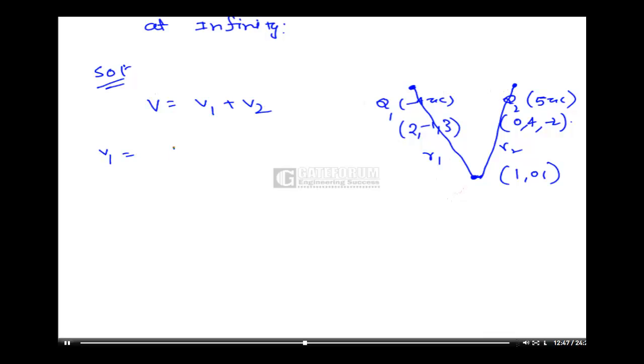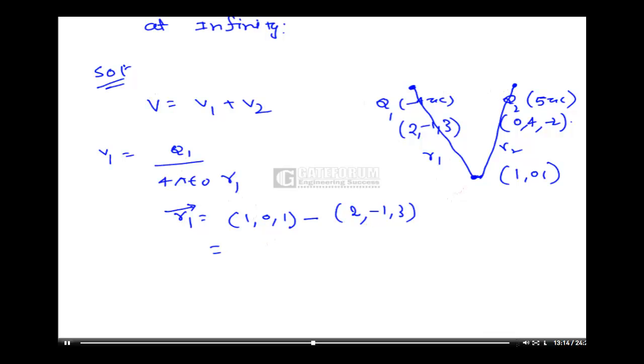V1 is given by Q1 by 4 pi epsilon naught R1, where R1 is the distance between these two points. First calculate the radius vector R1: (1, 0, 1) minus (2, -1, 3) gives (-1, 1, -2).